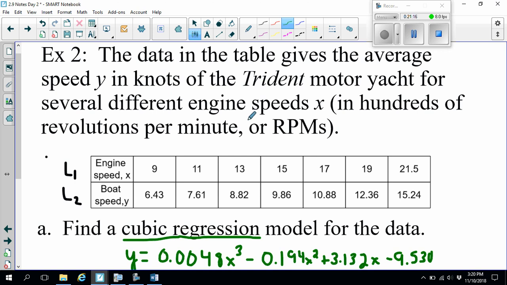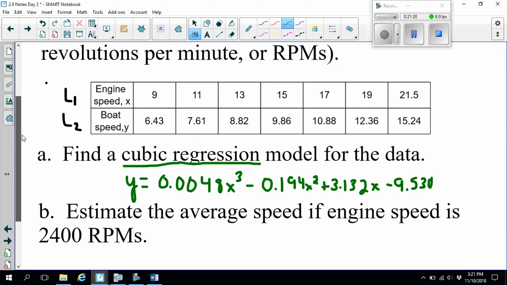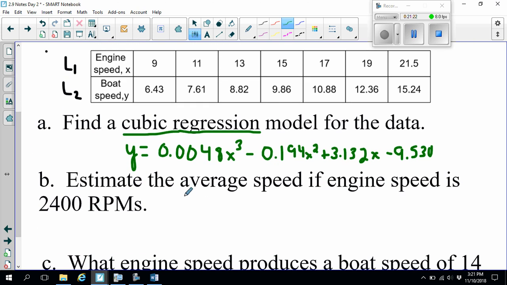Since x is in hundreds of revolutions, we are going to have our x equal to 24. We don't really need the zeros because we already know it's in hundreds. Since we're trying to estimate the average speed, which is our y value, we're going to take 24 and plug it into each x that we see. That will give us our y value.